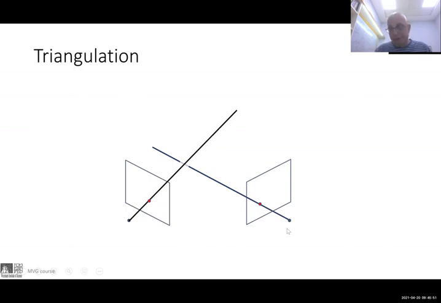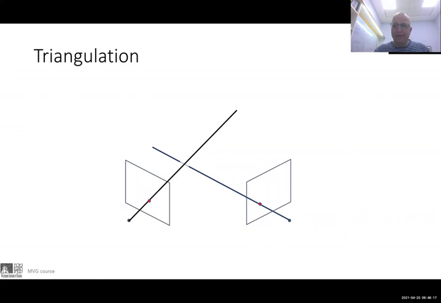But also, if I'm correct, if these are projections of the same point, this point on the right should lie along this ray. So essentially, you expect the rays to intersect, and that would determine the depth of the point.